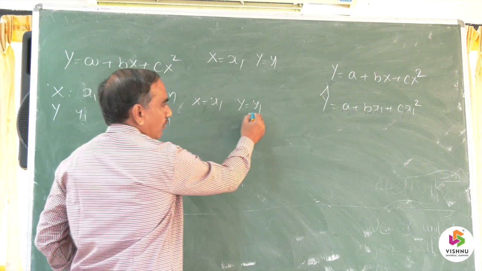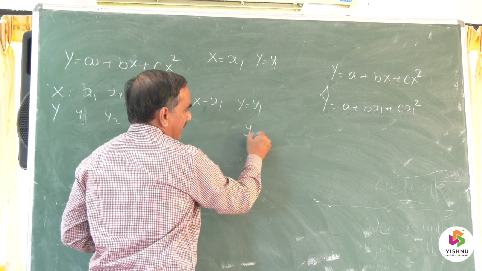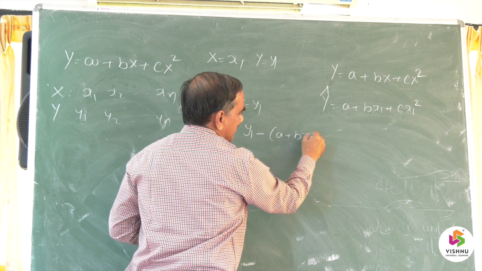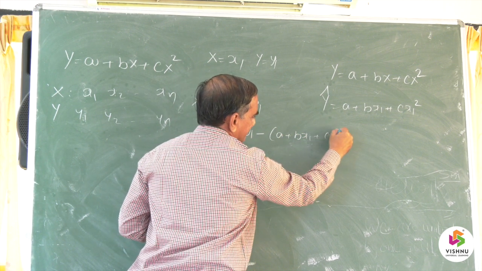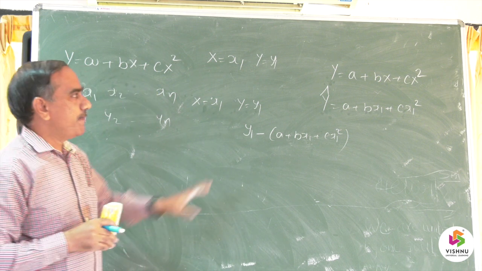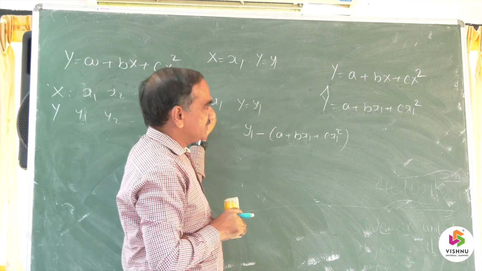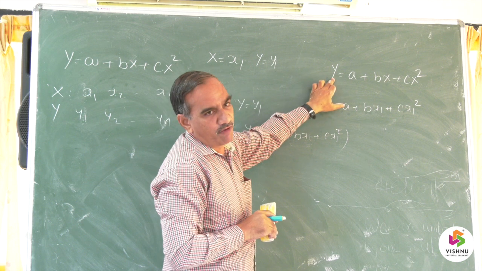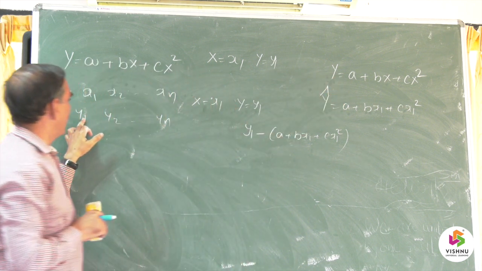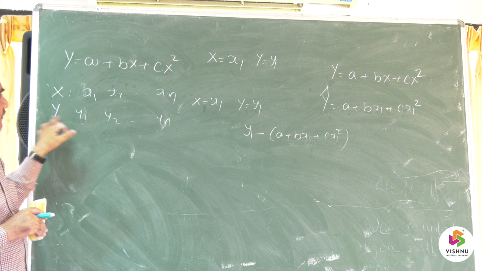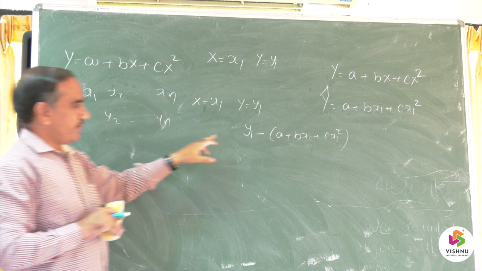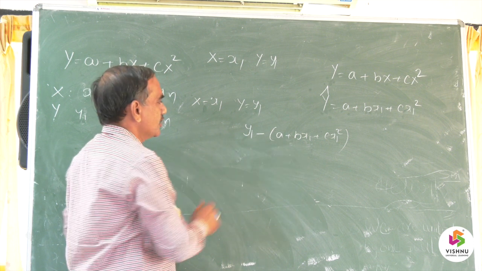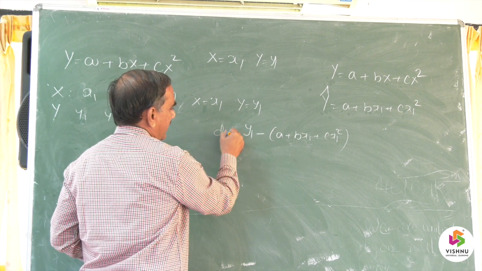We have to allow some variation between the original value and the estimated value a plus bx1 plus cx1 square. Even though it may be a best curve, when x is substituted, it may not give the exact value of y which is given in the y data. So there may be some variation between the original value and the estimated value. So it is known as the difference d1.